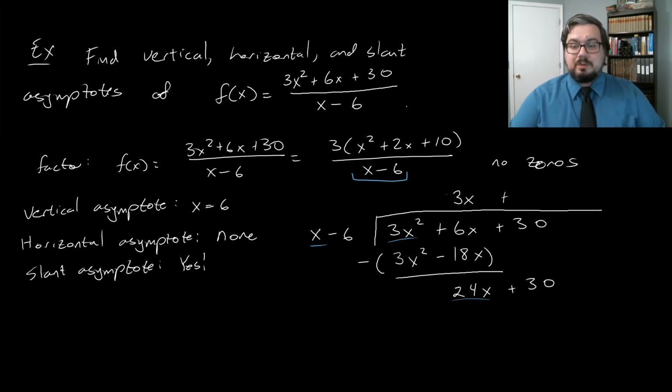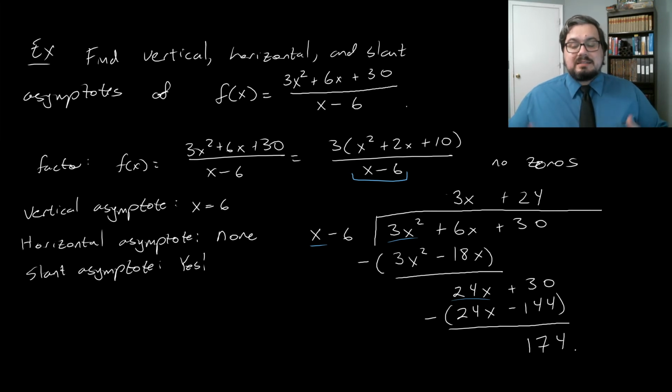And the answer is 24. So we take 24 times x minus 6, and we get 24x. Then 24 times 6 is 144, so that's minus 144. We subtract, and we get 0, and 30 plus 144 is 174.